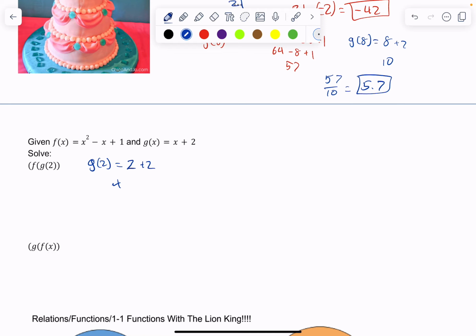And then I plug that in to f of 4, because this thing becomes 4, and this thing goes into this. To explain that, this is 4 squared minus 4 plus 1. That is 16 minus 4 plus 1, 12, 13. 13 is my answer.